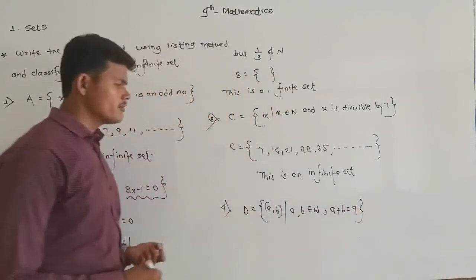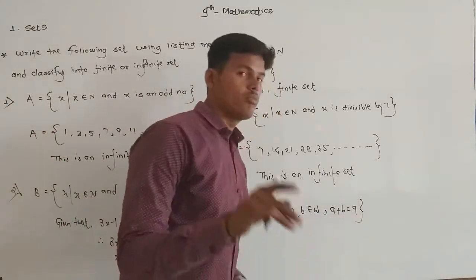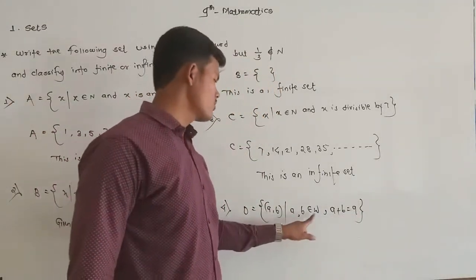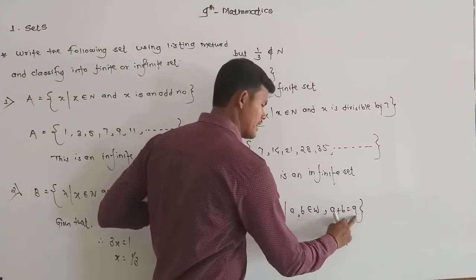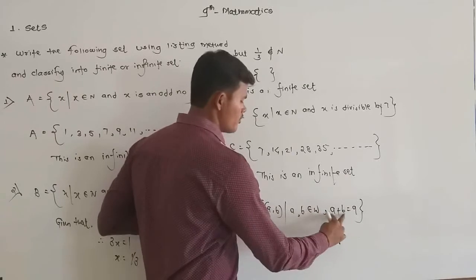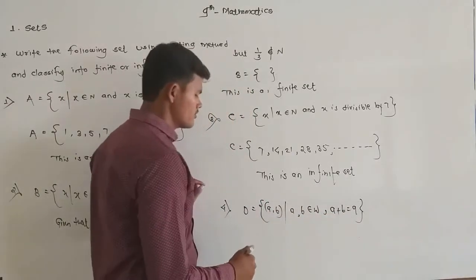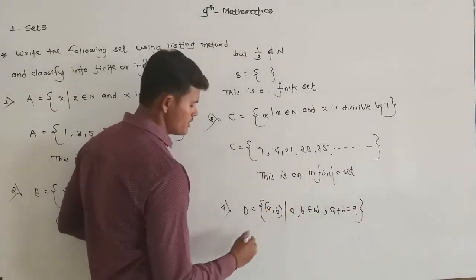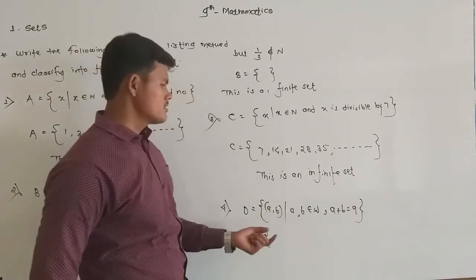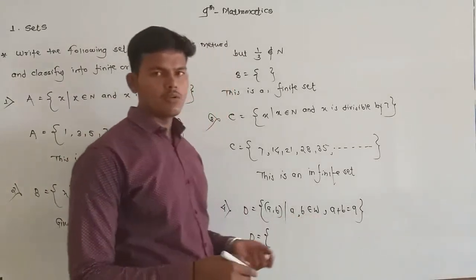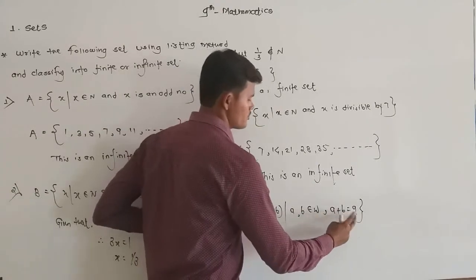That means we have to write a pair of numbers whose sum is 9, but both numbers must belong to whole numbers. So we have to write a pair of whole numbers whose sum is 9.